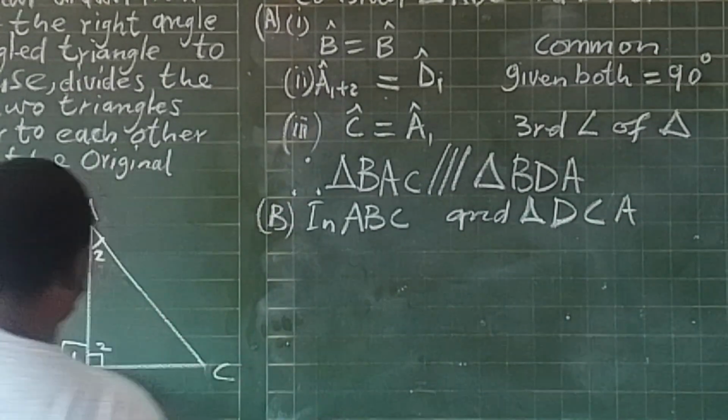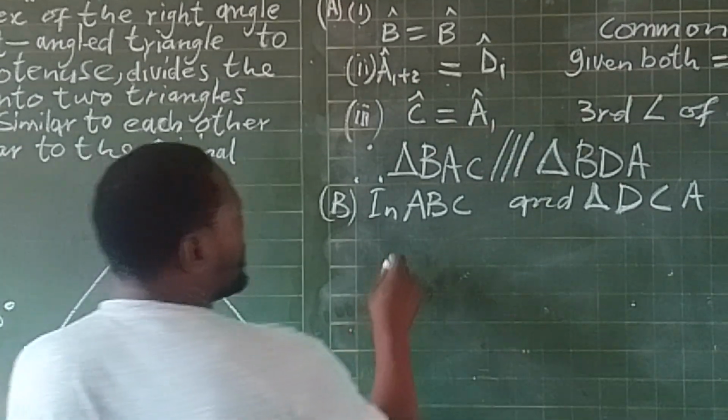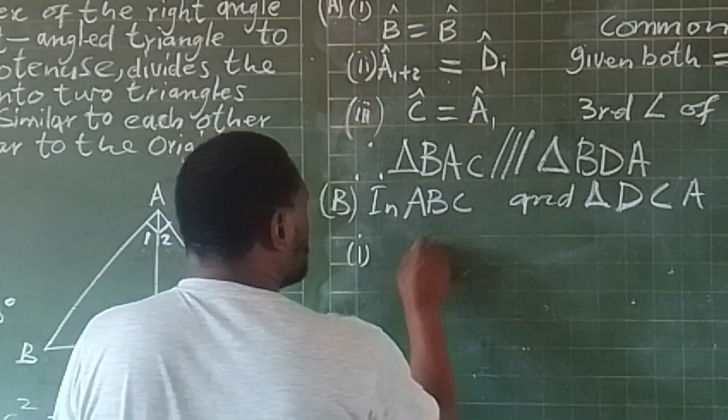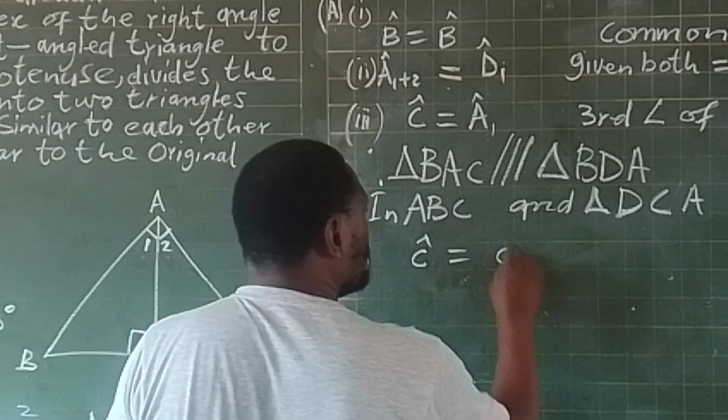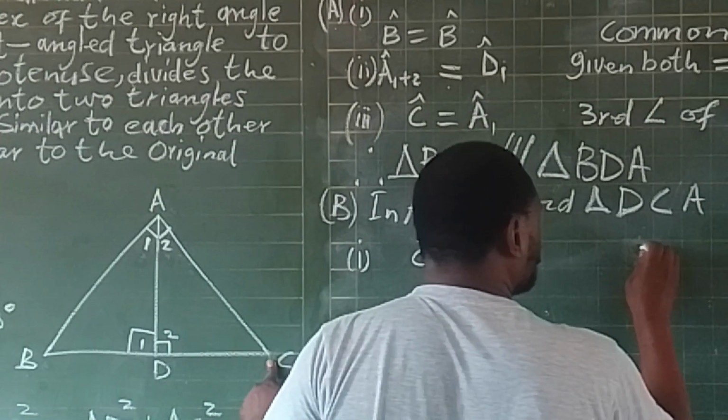Right? So they are all common at C. C is equal to C, common.